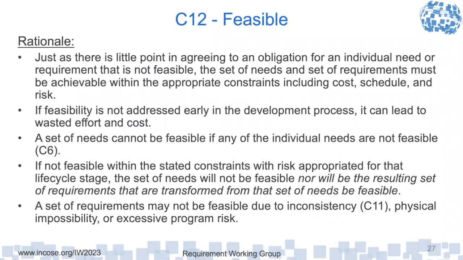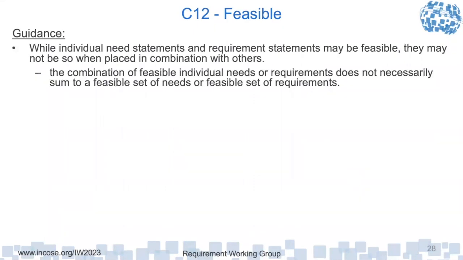And a set of requirements may not be feasible due to inconsistency, physical impossibility, or excessive risk. While individual requirements may be feasible, they may not be when placed in combination with the others. And so that needs to be a problem.